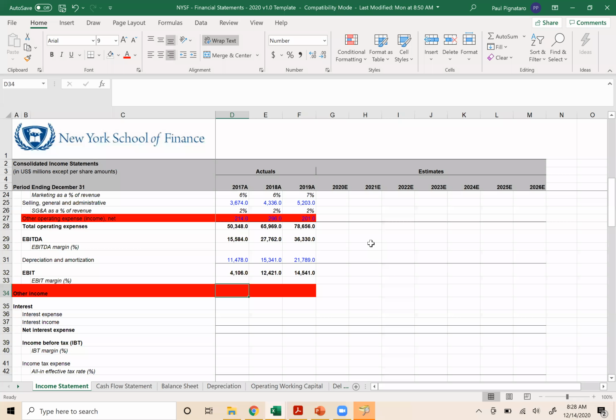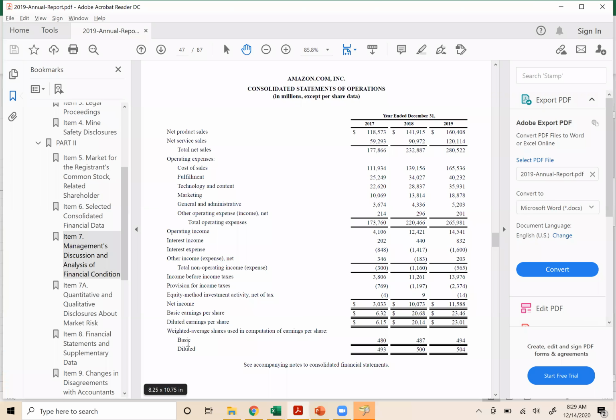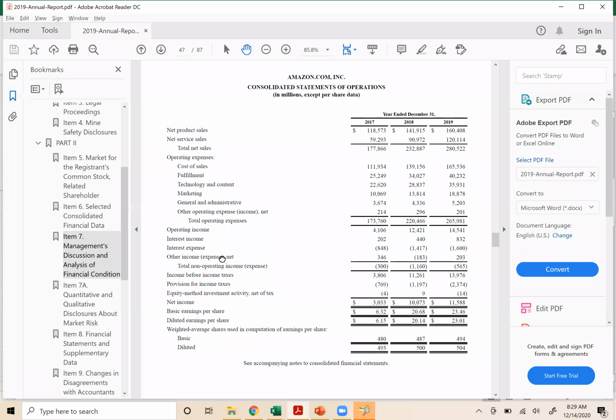We want to get from EBIT to EBT, or here IBT, earnings before taxes, income before taxes, same thing. We have to remove interest expense and other. What they have from their EBIT to IBT is interest income, interest expense, and other income expense, net.